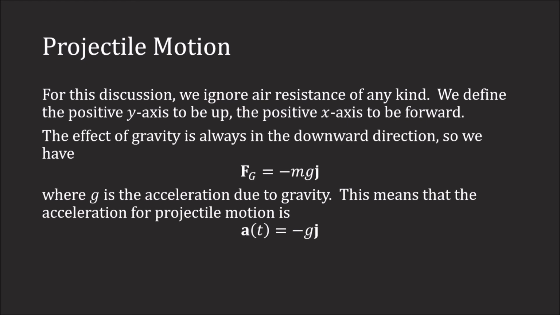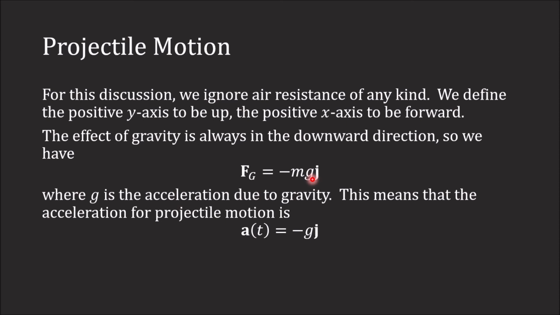Now, the effect of gravity is always downward. So a force due to gravity would be negative mg j hat, where remember this little g is the acceleration due to gravity, which is about 9.8 meters per second squared, or about 32 feet per second squared.